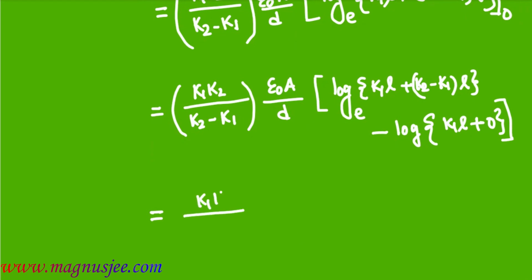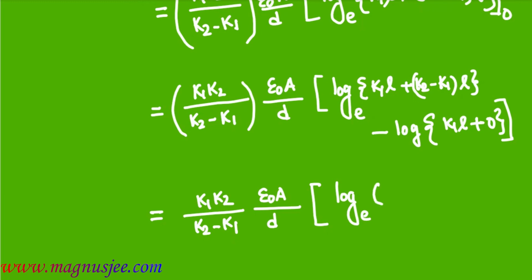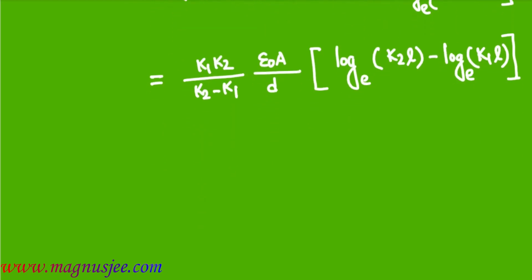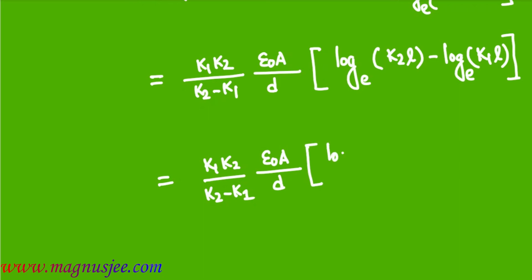Equal k1 k2 divided by (k2 minus k1), epsilon 0 A divided by d, log base e of k2 l, because k1 l and minus k1 l will cancel out, and under bracket we can write k2 l, minus log base e of k1 l.